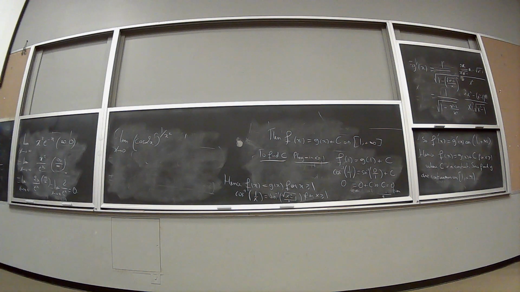Great. What's the first thing I do? I plug in. cos 2x goes to cos 0, which is 1. 1 over x squared goes to infinity, so it's 1 to the infinity, which is an indeterminate form. How should I proceed from here?